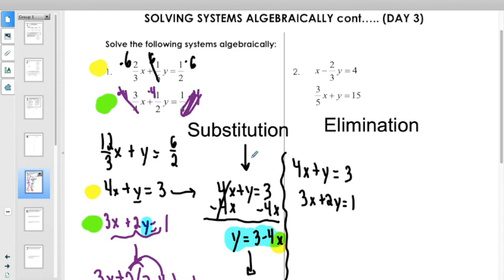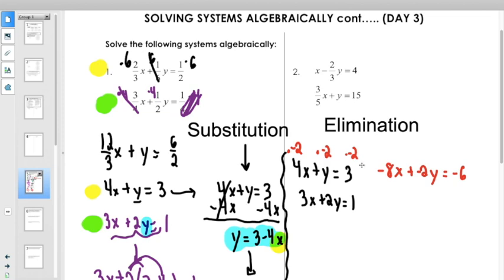So what am I going to want to multiply this top equation by? Hopefully you guys say I would want to multiply this whole thing by negative 2. So whatever I do to one piece, I got to do to every other piece. So times negative 2, times negative 2, times negative 2. So my new equation would be negative 8x plus negative 2y equals negative 6.